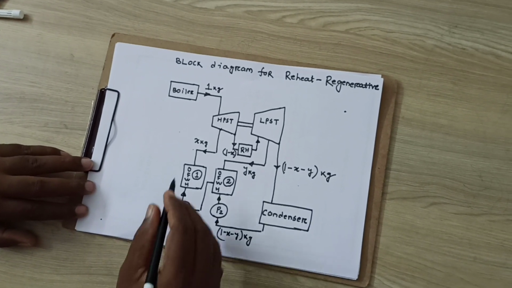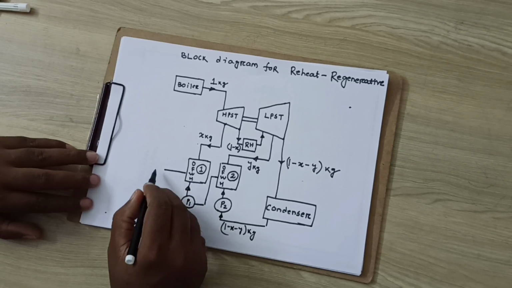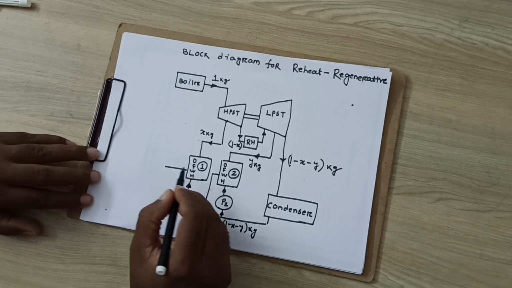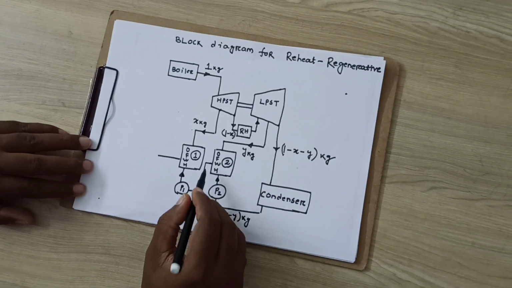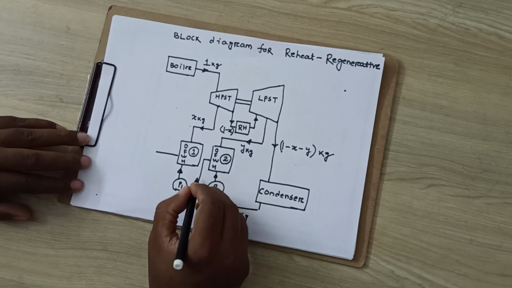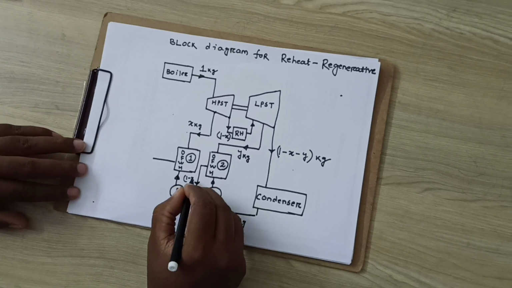Okay, then after adding it up, we will find out the feed water for the boiler. Here this will be x kg, and here after addition this will be y kg, this will be 1 minus x kg.